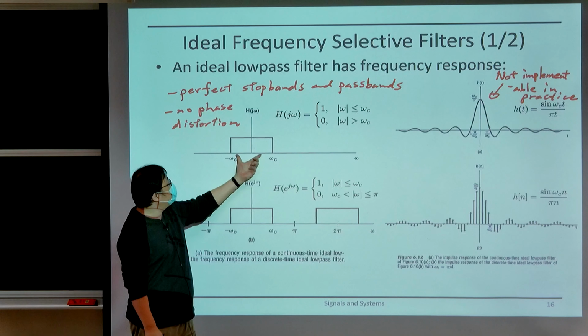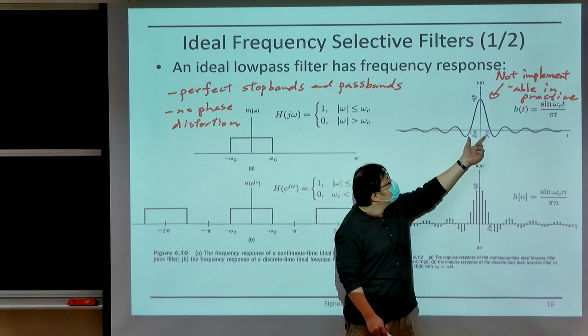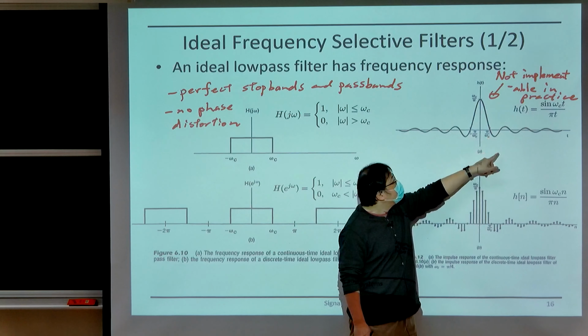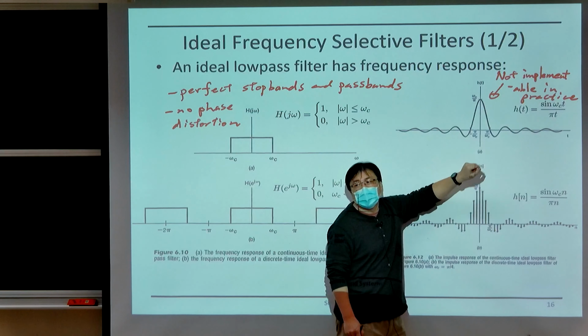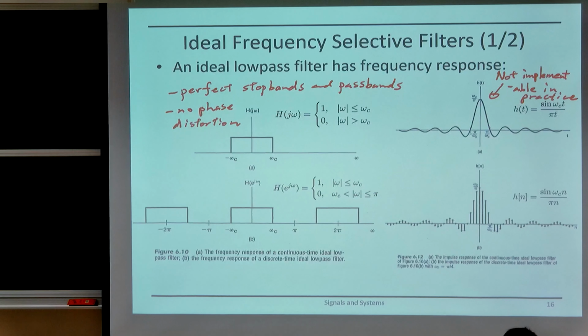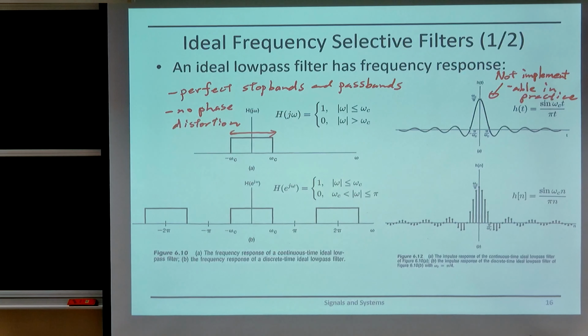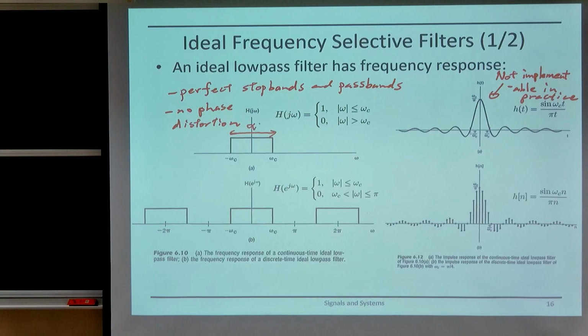But one thing you can observe here is that this filter has a bandwidth that is proportional to omega c, and its impulse response will have a pulse width that is inversely proportional to omega c. So suppose you have an ideal low-pass filter that has a bandwidth proportional to omega c.